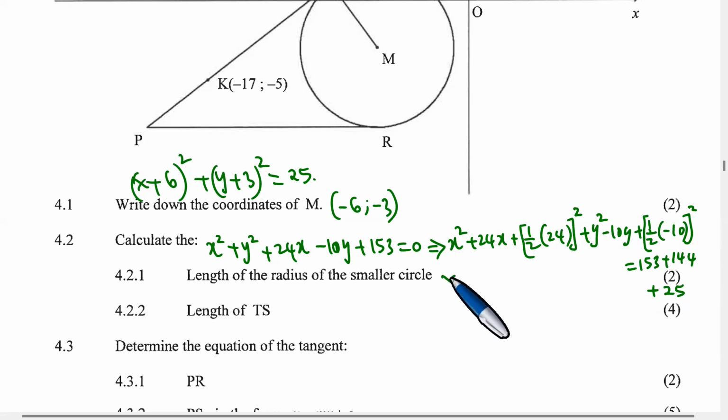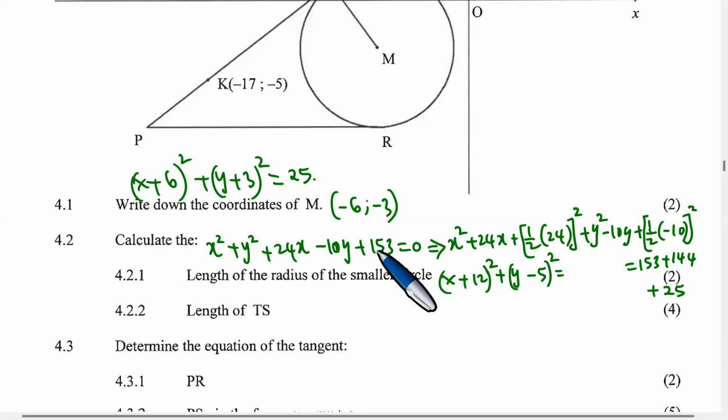The equation, therefore, becomes x plus 12, and you square that, plus y minus 5, and you square that, equals.